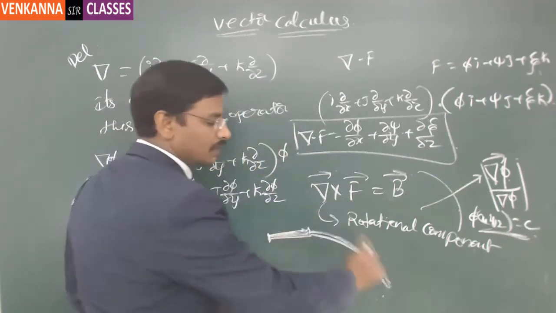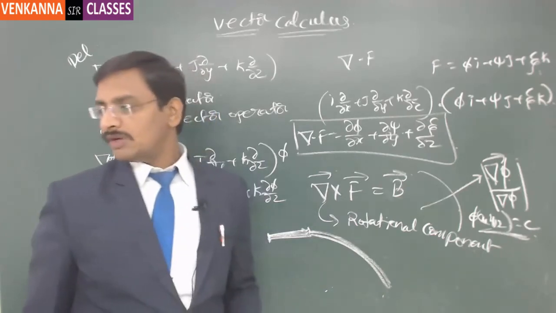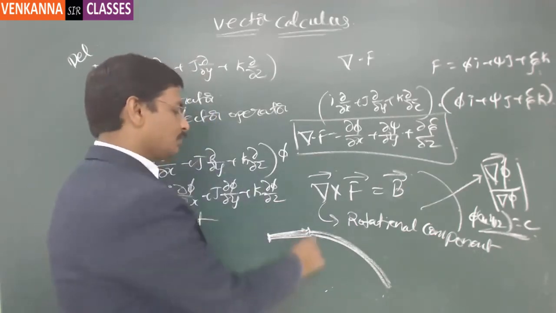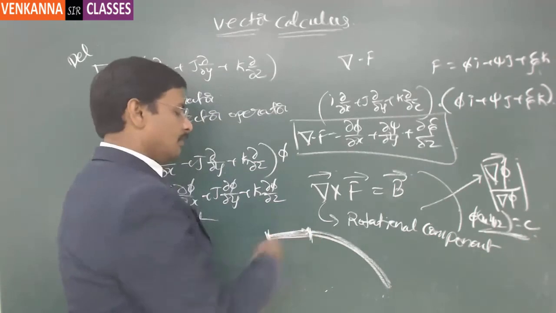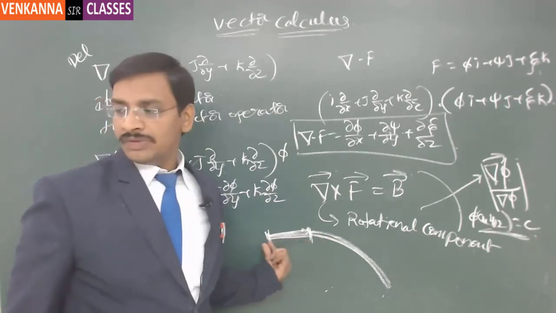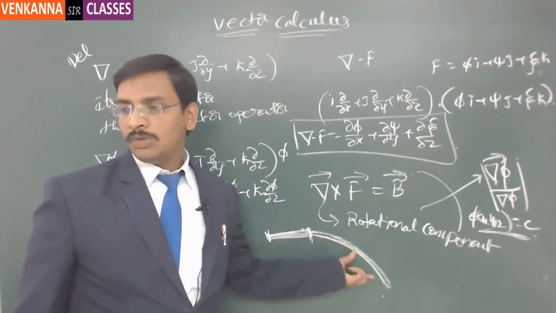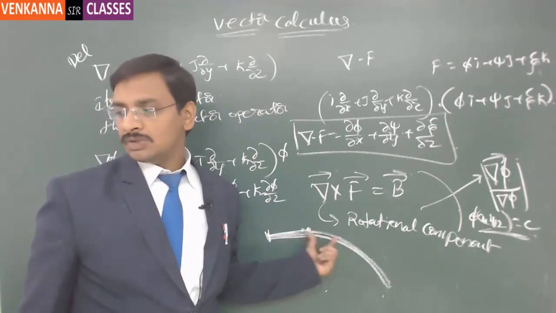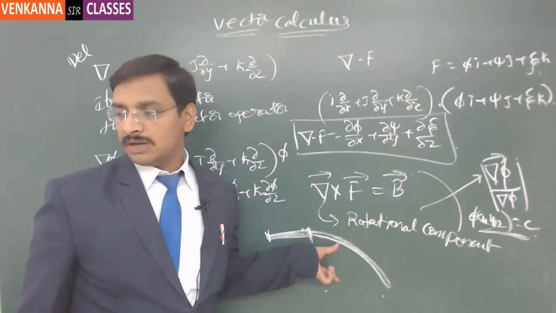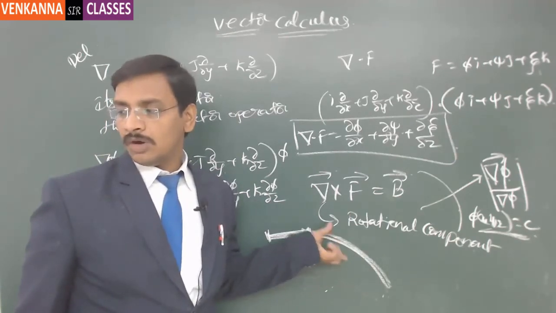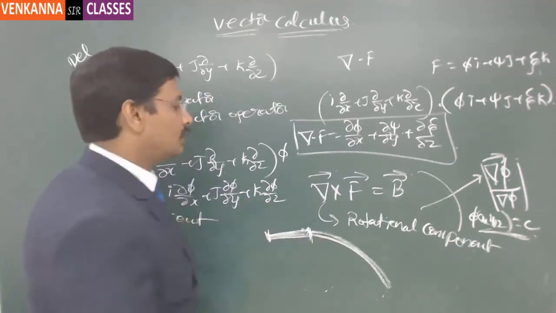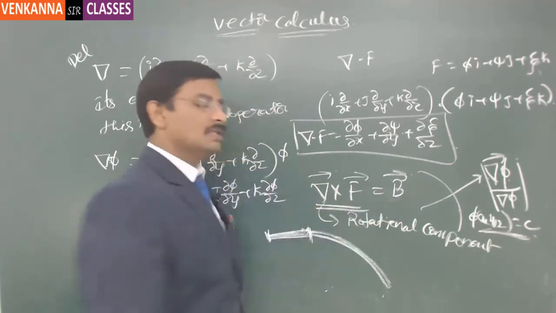There is some kind of curve coming in the movement of the particle. So there is some linear component, there is some curved component. Now this curved component, how much is it going to be? This is what is calculated with the help of this del cross F.